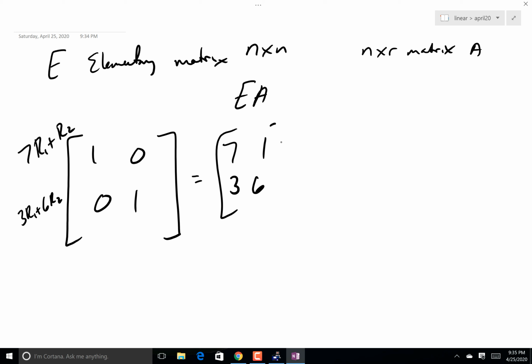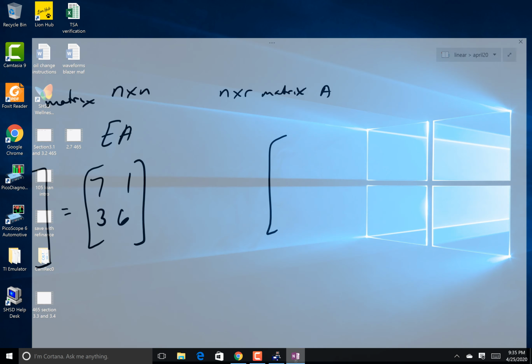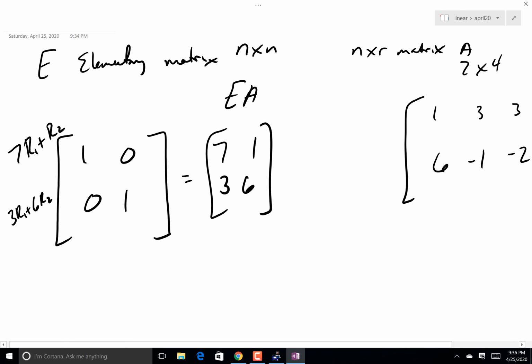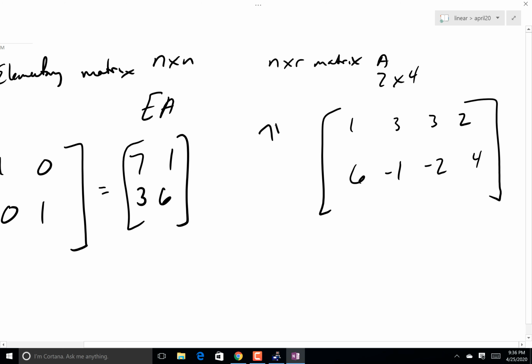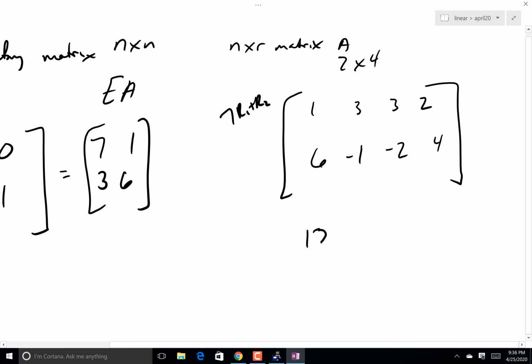Cool. Now, let's take some other matrix A. Let's say it is an n by r. Let's go big. So again, it's going to be a 2 by, and let's do a 2 by 4 this time, shall we? No, I don't like negatives. Let's get rid of the negatives. So what I need to do is 7R1 plus R2. So it's going to be 7 plus 6, 13. That's 21.